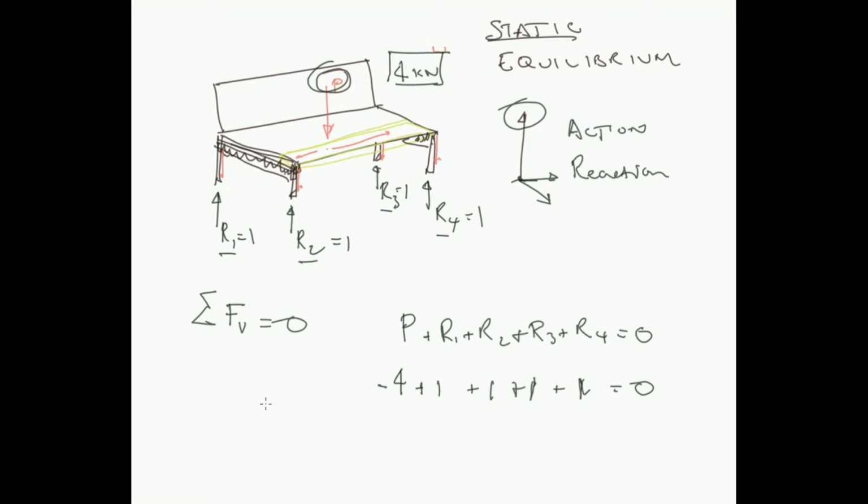And what that means is that this structure isn't going to move in the downwards direction or the upwards direction. If the ground was too soft, for example, and we couldn't provide the full reaction underneath each of these legs, then this would be out of balance and that would sink.